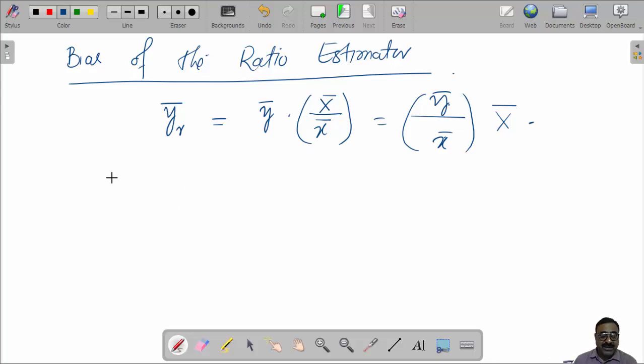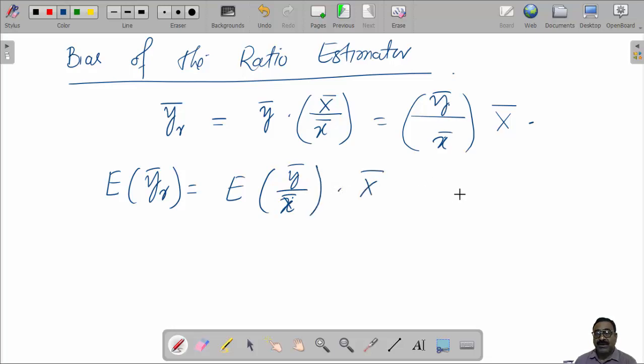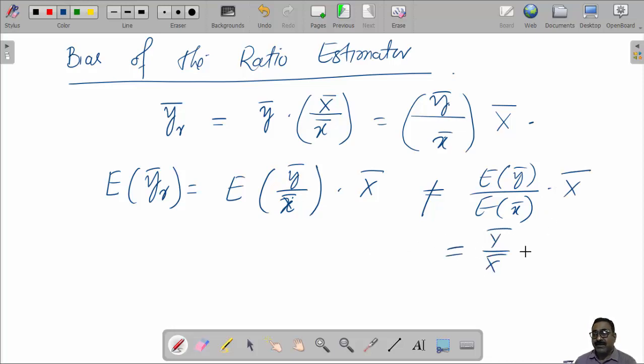Now we can see that the expectation of Y R bar is equal to the expectation of y bar by x bar into X bar. This is not equal to the expectation of y bar by the expectation of x bar into X bar, which is equal to Y bar by X bar into X bar, that is equal to Y bar.